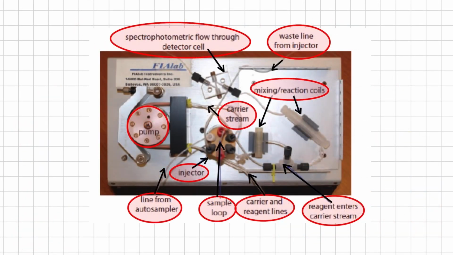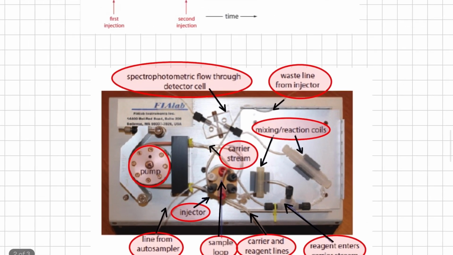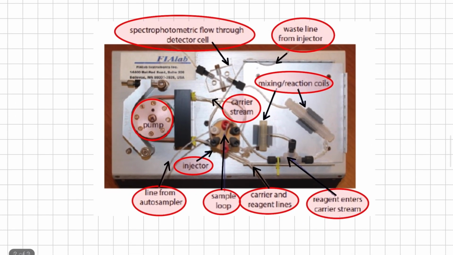As we saw in the previous lecture, a typical flow injection analyzer mainly consists of a peristaltic pump and the injector, the transport system consisting of mixing and reaction coils, and then the detector. This particular setup has two channels, the carrier stream and a reagent line.